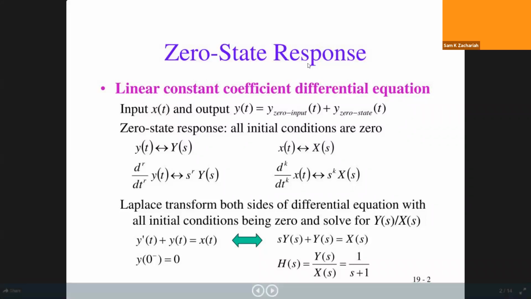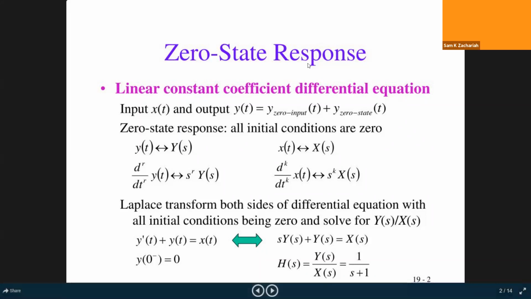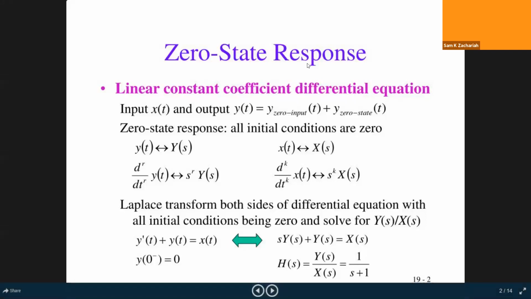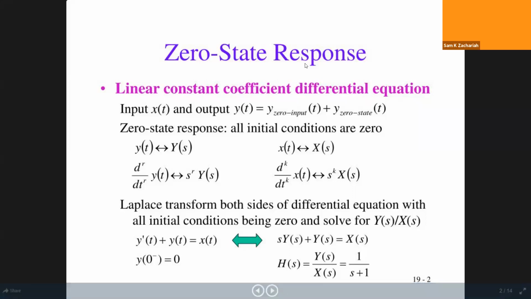For example, a mass attached with a spring can store both kinetic energy and potential energy. If such a mass spring system is starting from zero position and zero velocity, then you can say it is starting with zero state value. Two states are there, both having zero values.